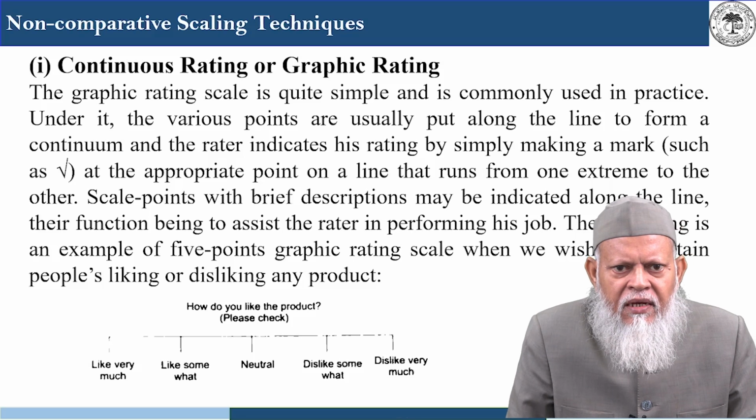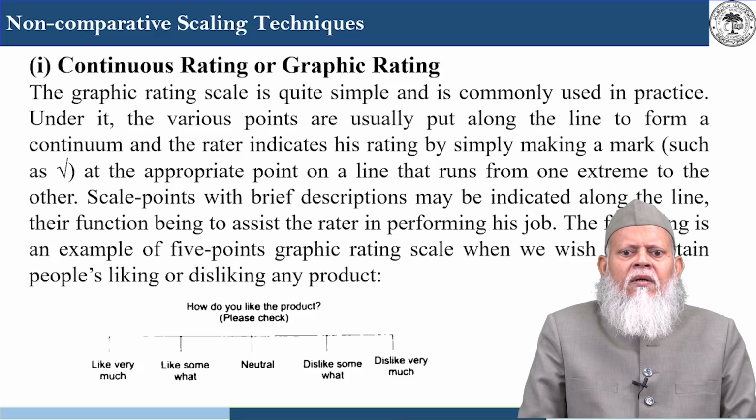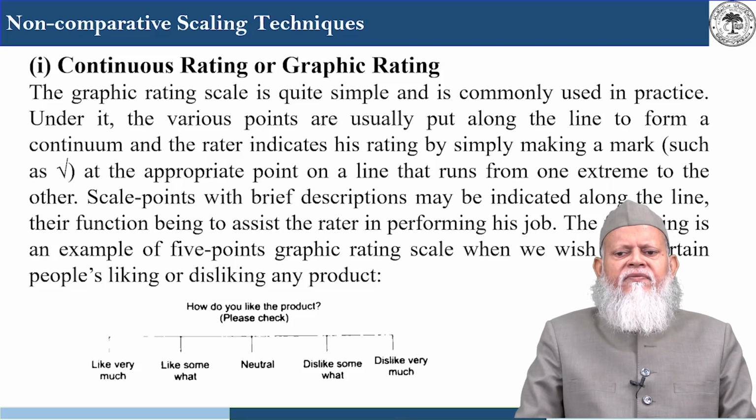The first is the continuous rating or the graphic rating. The graphic rating scale is quite simple. It is commonly used in practice. Under it, the various points are usually put along a line to form a continuum, and the rater or the respondent indicates his rating by simply making a mark at the appropriate point on a line that runs from one extreme to another.